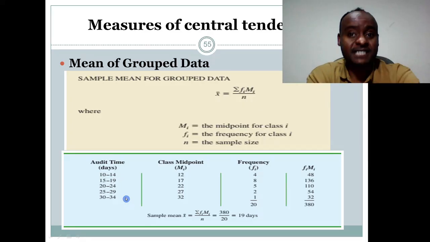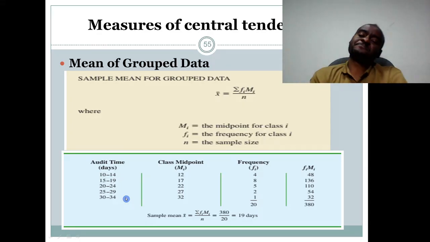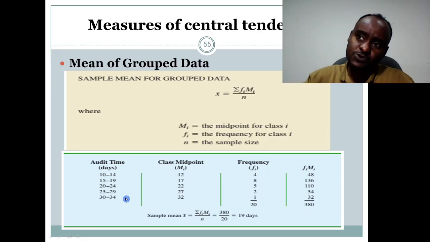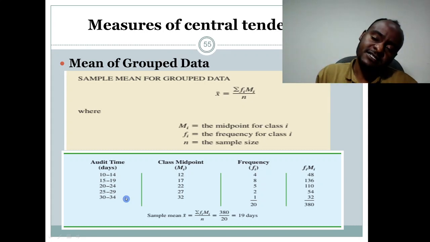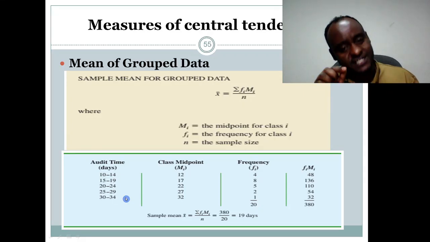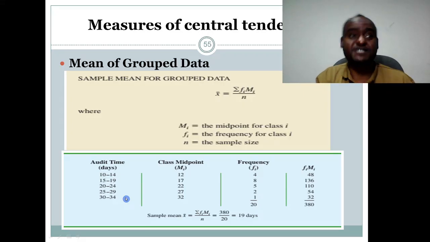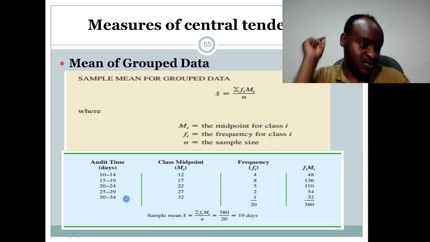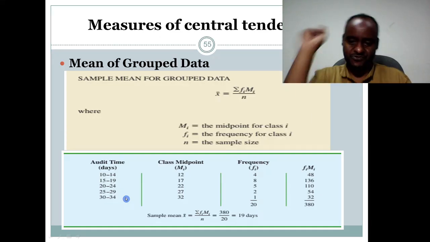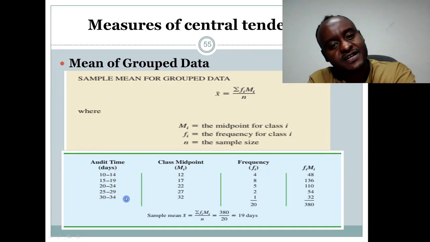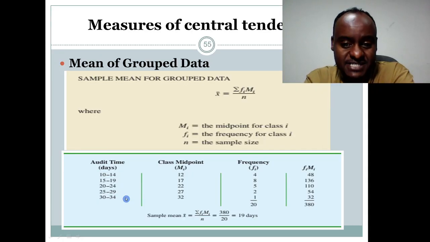That is income, let's say in dollars. If you calculate the mean, 10 times 2 is 20, plus the other two 20s is 40, so 60, plus 500 is 560. 560 divided by 5, the number of observations, is 112. So the mean for this data set is 112.